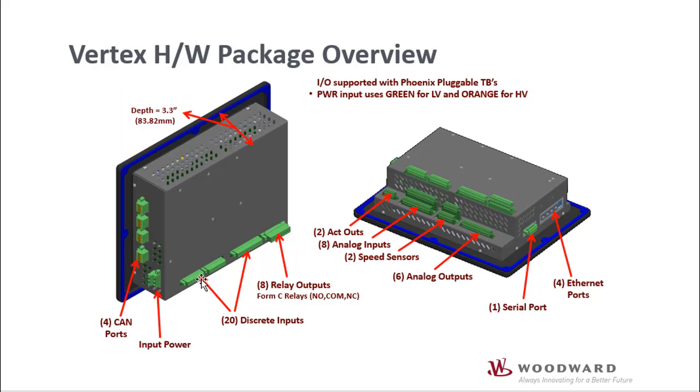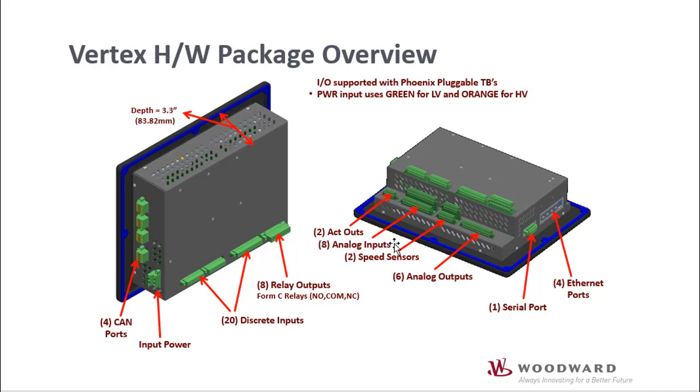There are 20 discrete inputs, 8 relay outputs, and these are Form C relays, so the contacts are built into the Vertex unit. We've got 2 actuator outputs, so these are 4 to 20 or 0 to 200 milliamp outputs, and that's configurable within the software.